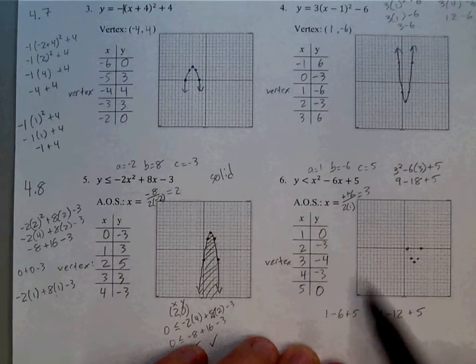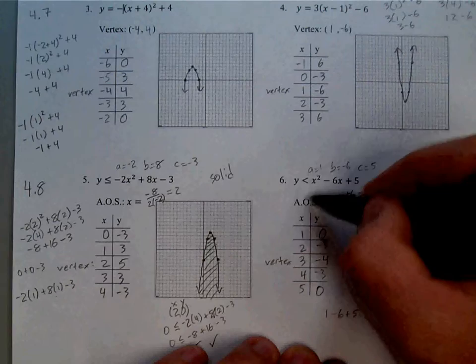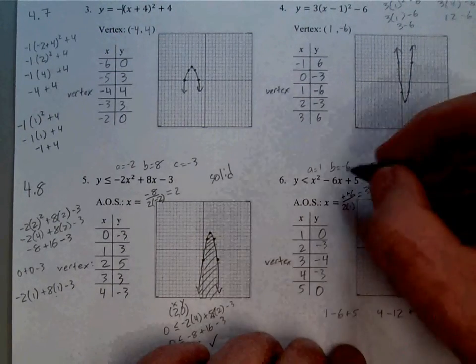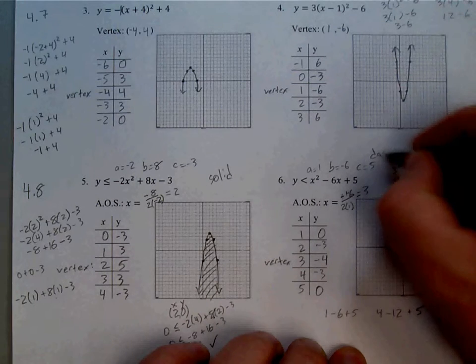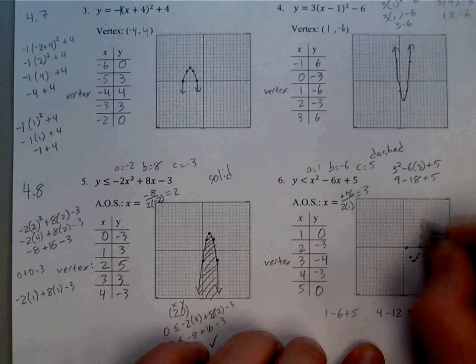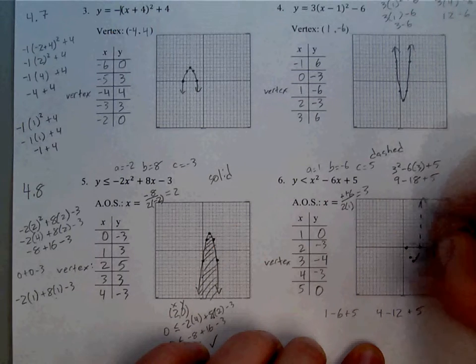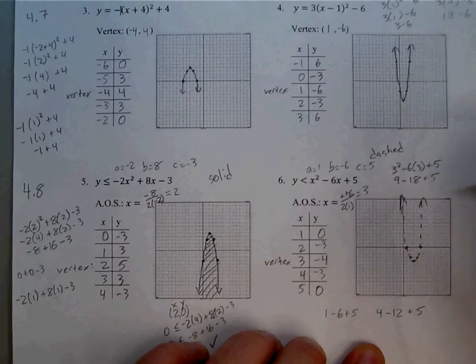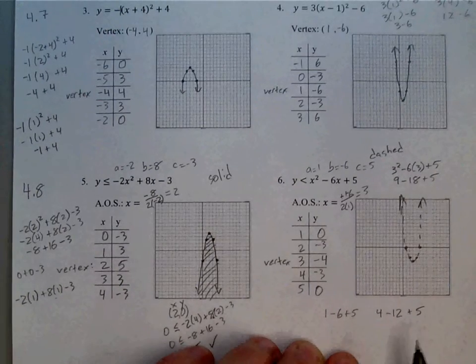Before you connect the dots, pay attention to the sign. The sign is less than, so it's not an equal to, so this one has to be a dashed line. So I need to test a point.